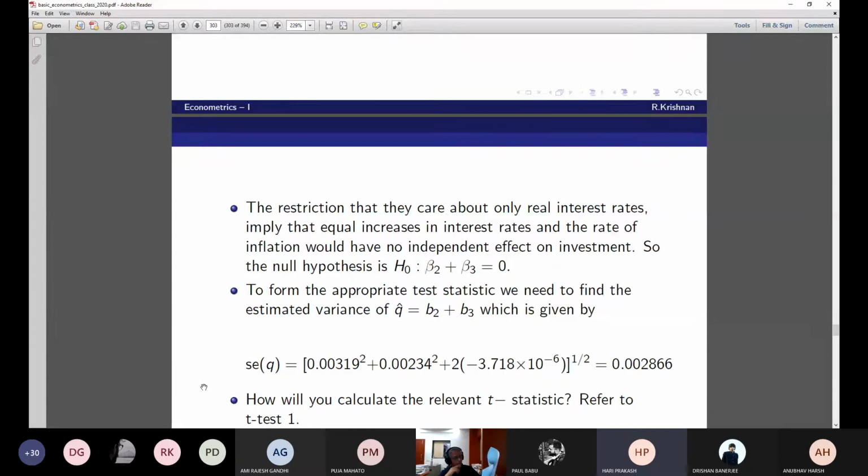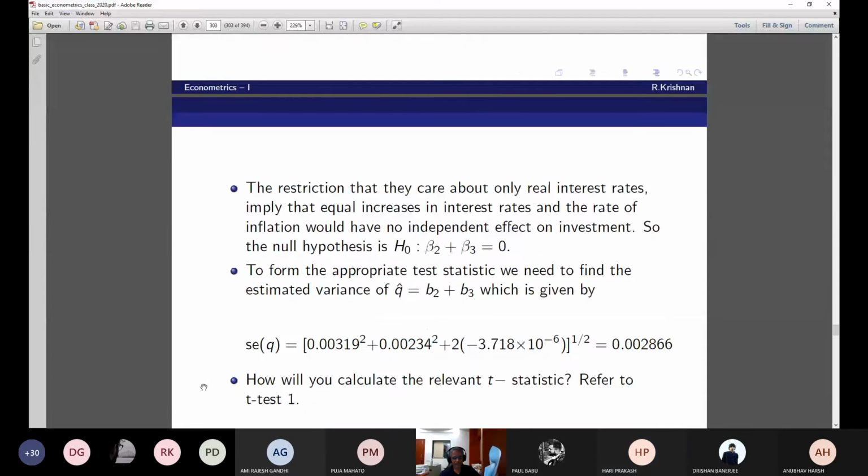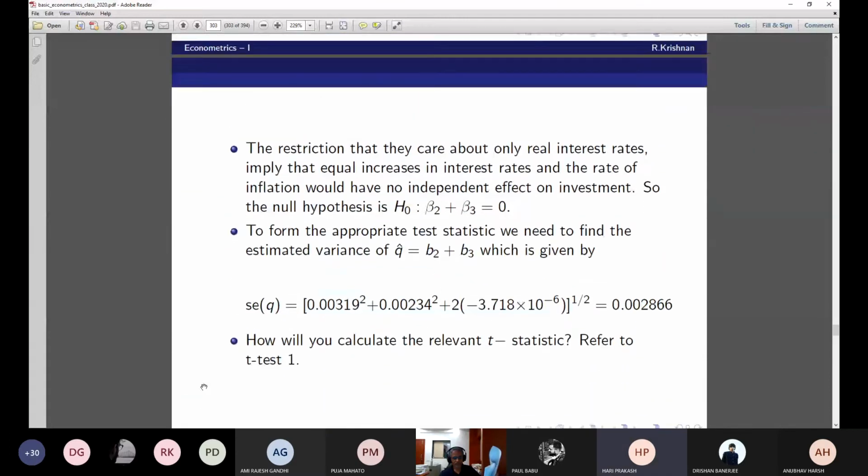How did I get that number? Sir, there is a formula for T stat. Telling you how to calculate the relevant t statistic. You have the output with you. You have the standard error of it with you. Now tell me the t stat.